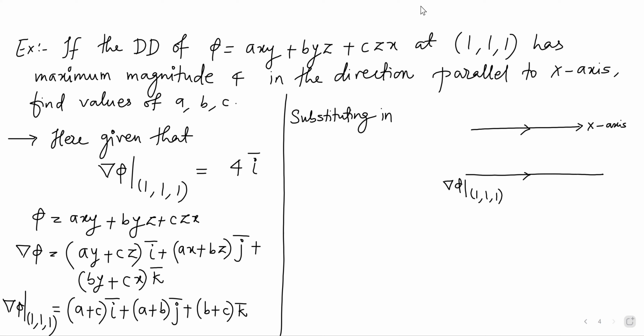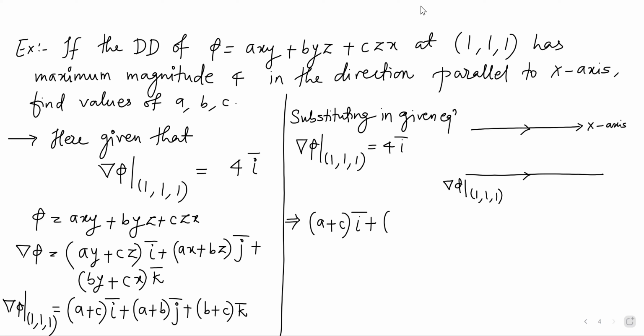What is the equation? Del phi at 1 1 1 is equal to 4 i bar. But del phi at 1 1 1 is nothing but a plus c times i bar plus a plus b times j bar plus b plus c times k bar, that is equal to 4 i bar. So equate the coefficients, equate component wise, correct?